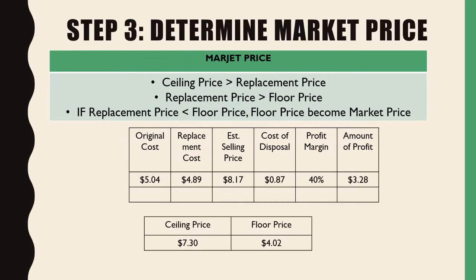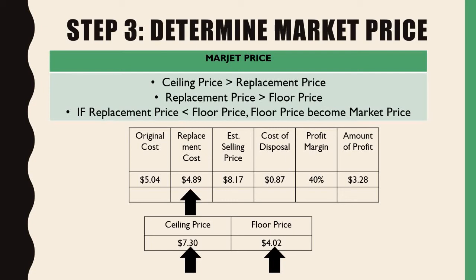Now, we're going to compare this. Step number 3 says you're going to compare 3 numbers: your replacement cost, your ceiling price, and the floor price. If you think of a room, your ceiling price is the maximum amount of money that you can charge, where your floor is the minimum amount that you can charge.